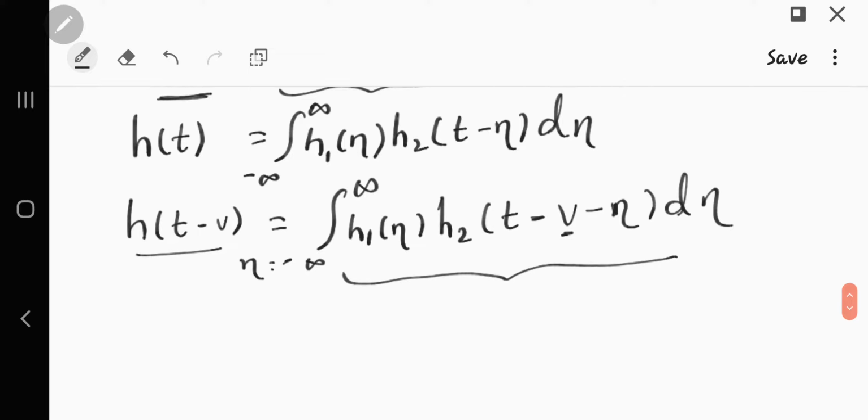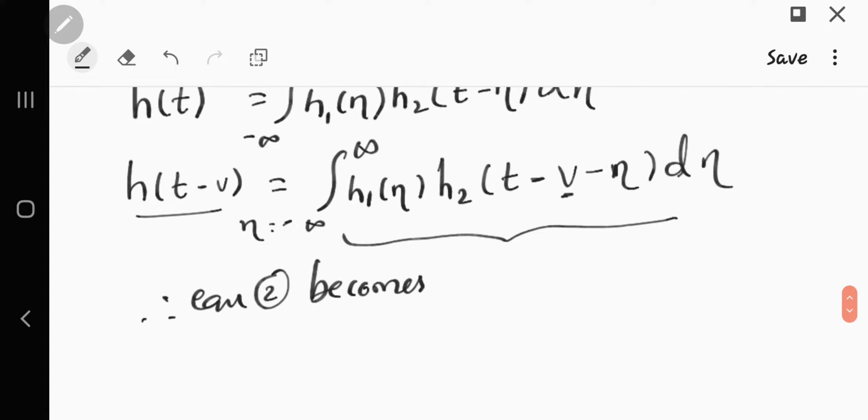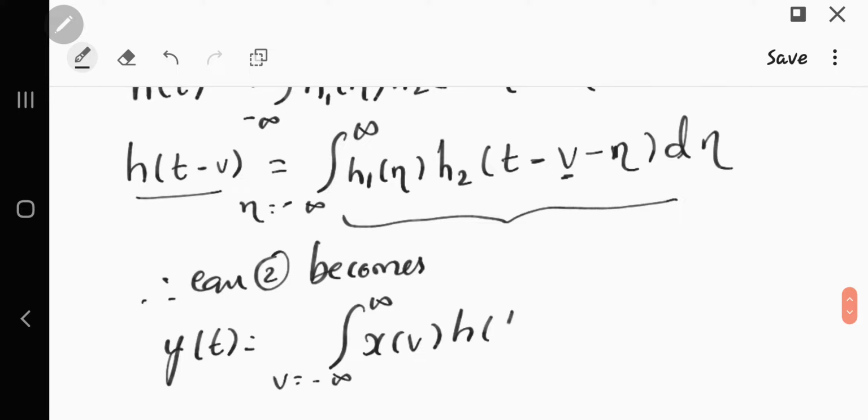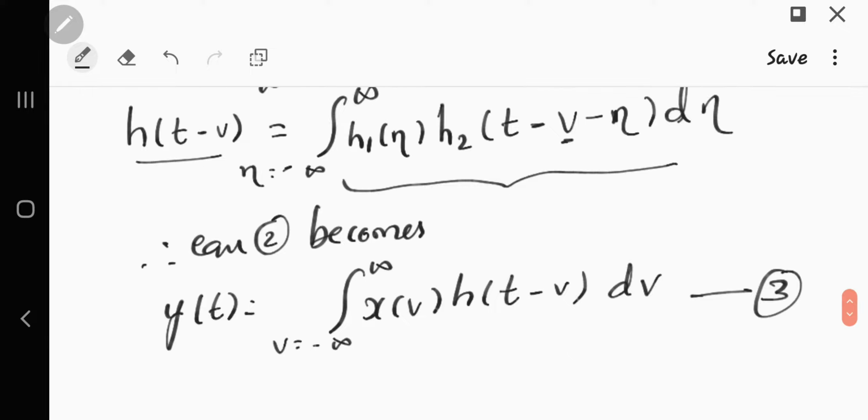So therefore, equation 2 becomes y of t is equal to the integral of v from minus infinity to plus infinity of x of v, and this entire term is the inner integral which I will replace with h of t minus v, dv. Call this equation number 3 here.